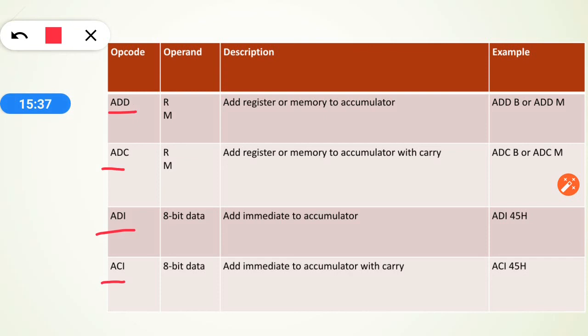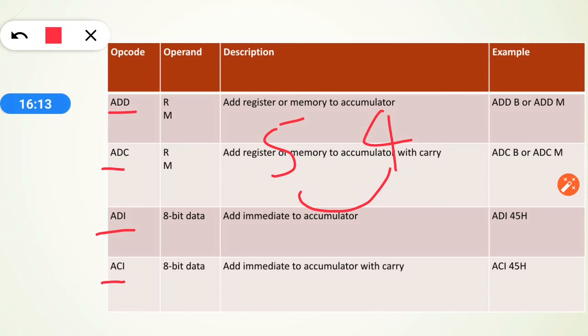Remember, as we discussed earlier, whenever you are going to do addition, subtraction or any operation, you have two numbers. Your first priority is to load one of these two numbers into the accumulator, compulsorily. That means one operand must be in the accumulator whenever we perform addition, subtraction or comparison.